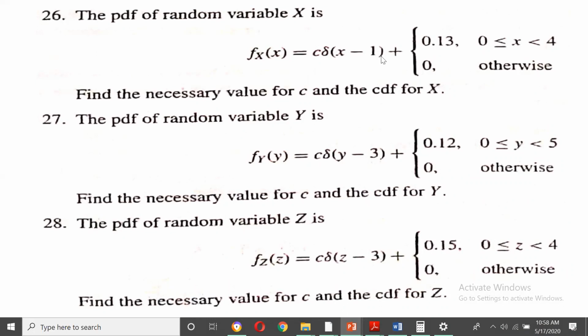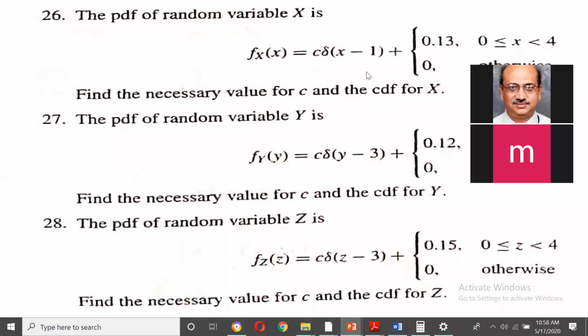Now, earlier we were given the CDF and asked to find the PDF. Now we are given the expression for the PDF, and we are asked to find the value of c. Also, we are asked to find the CDF. Both these.